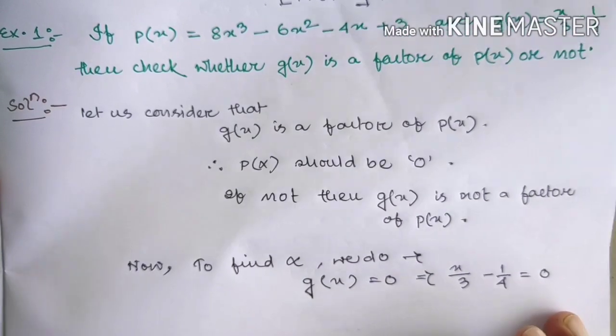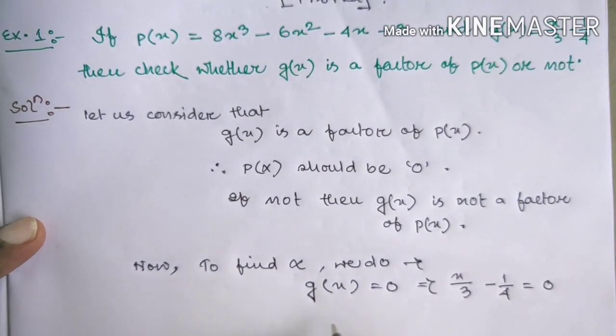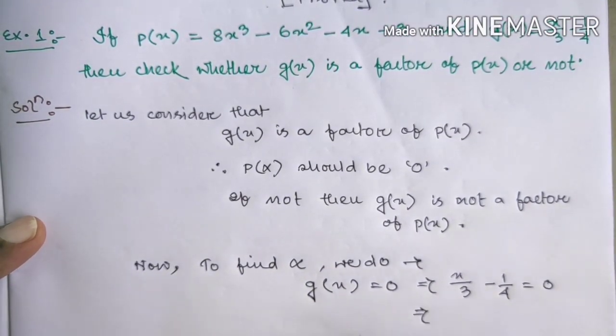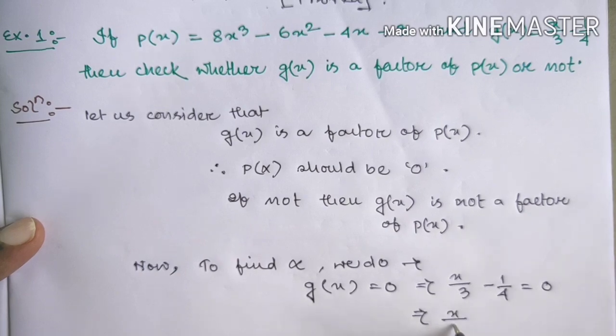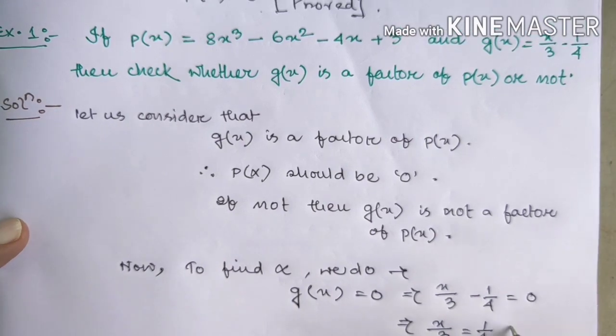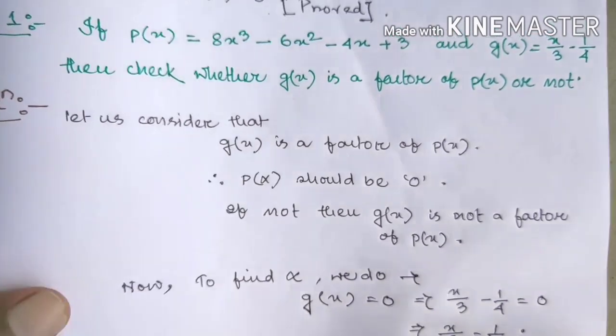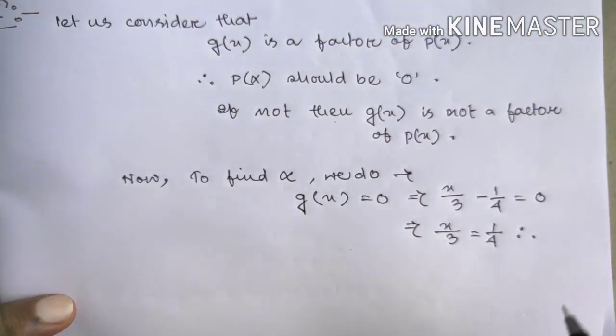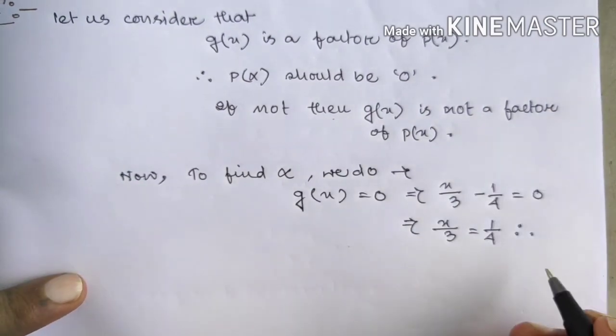Implies x by 3 equal to 1 by 4. Therefore, x equal to 3 by 4.